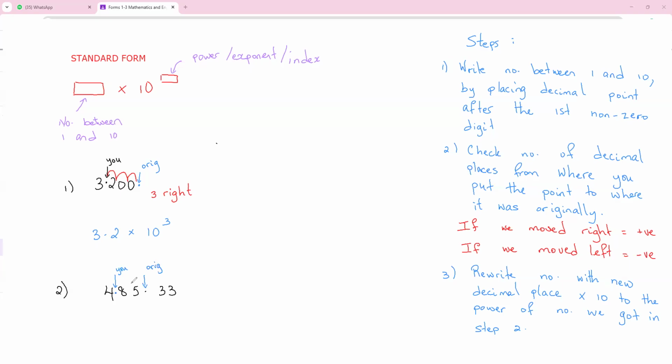So you check the number of places from where you put the point to where it was originally. That's the direction we're moving. So we're moving this way. 1, 2. You're hopping over 1 digit at a time. So we had to move 2 places to the right.